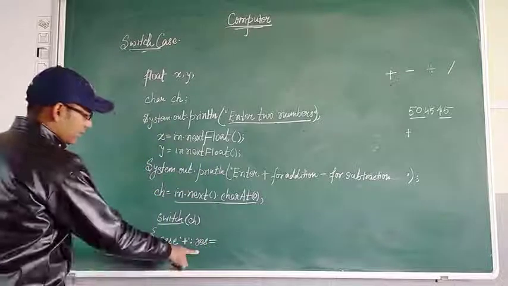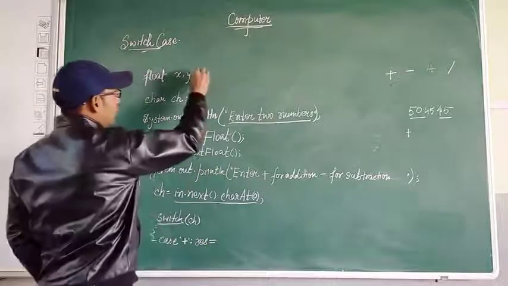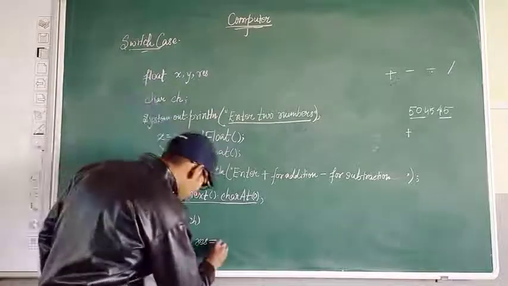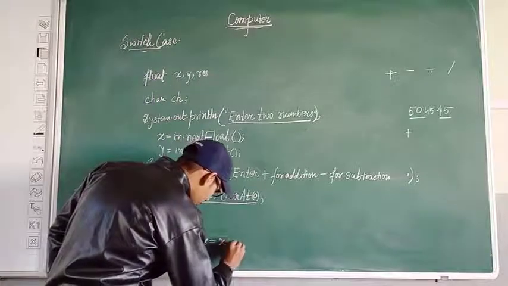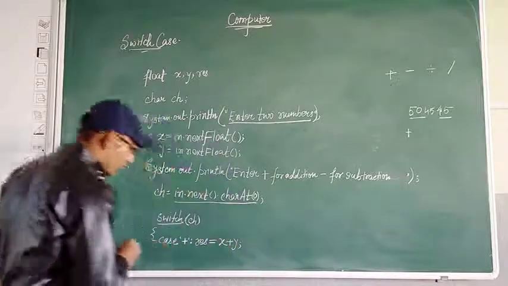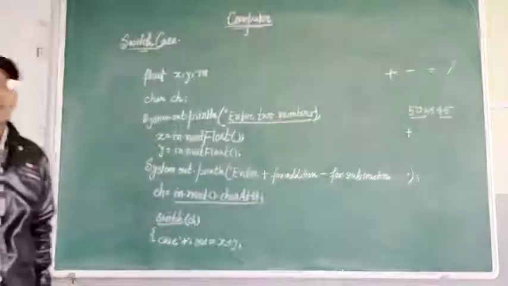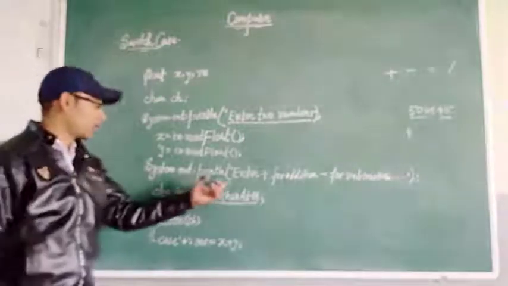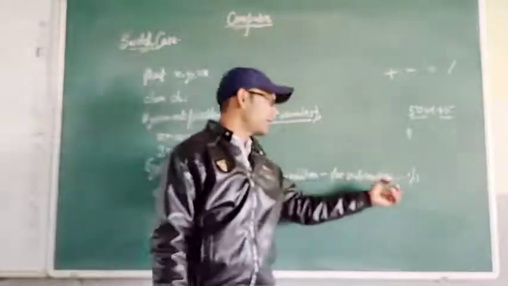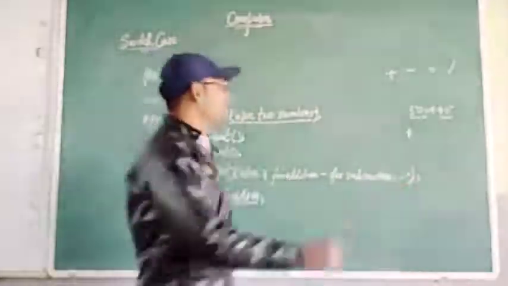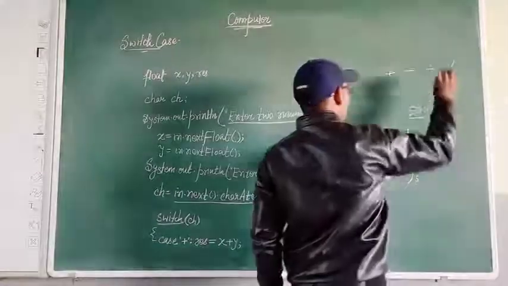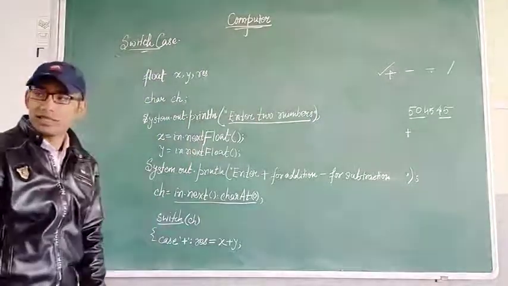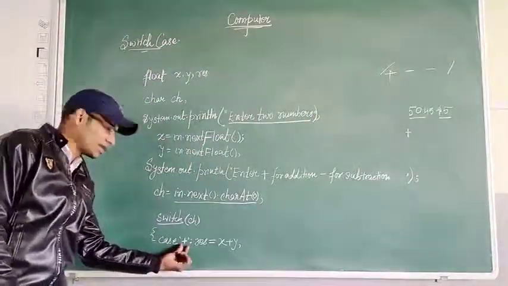Now, I need one more variable, res, for the result. Res is equal to x plus y. What does this mean? If, on seeing this particular line, the user enters the plus sign, then that plus sign will be matched with this plus sign.